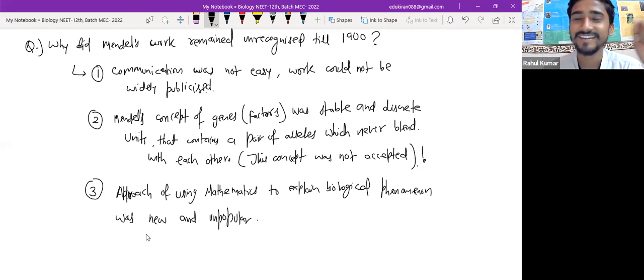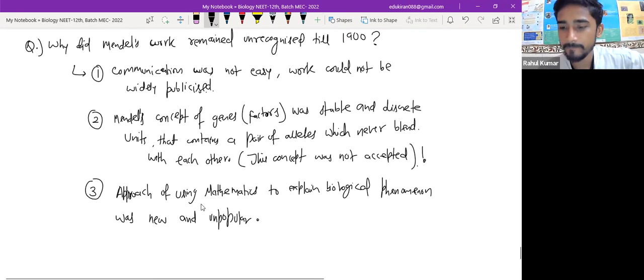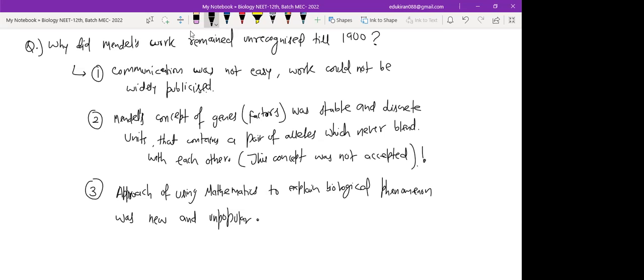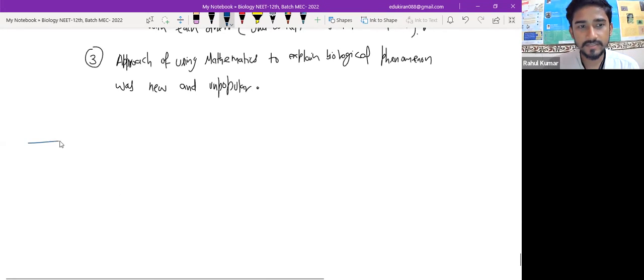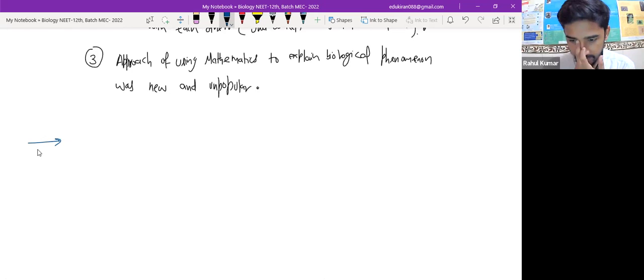So that's why he's one of my favorite characters in the history of science. So do you understand why the work remained unrecognized till the 1900s?